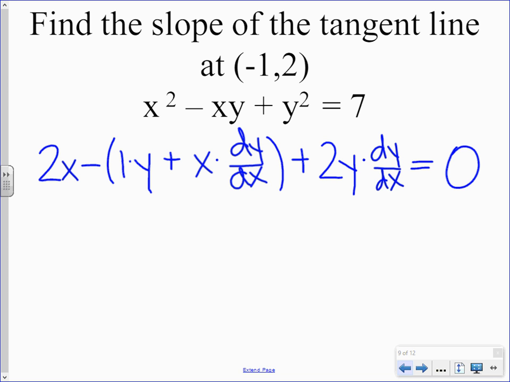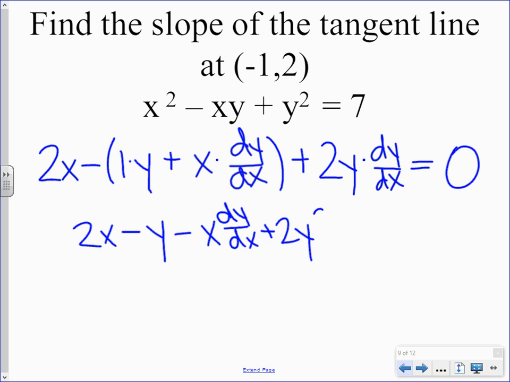Okay, so let's go ahead and rewrite this to apply that subtraction all the way through the parentheses. So we have 2x minus y minus x dy dx plus 2y dy dx equals 0.